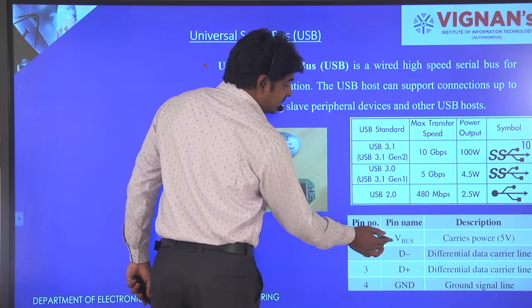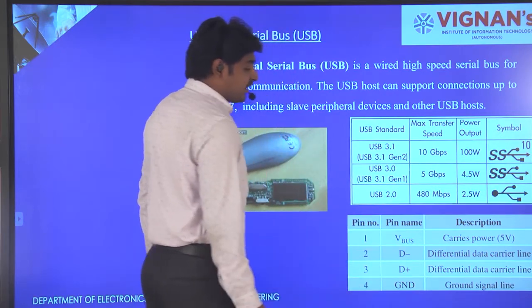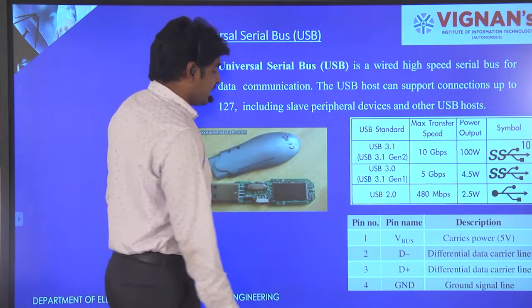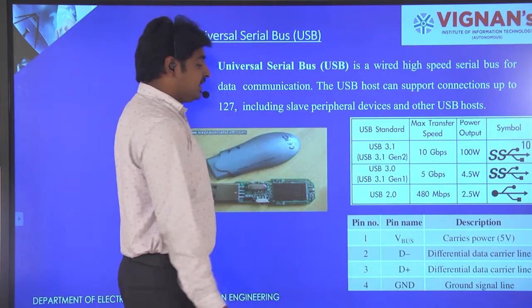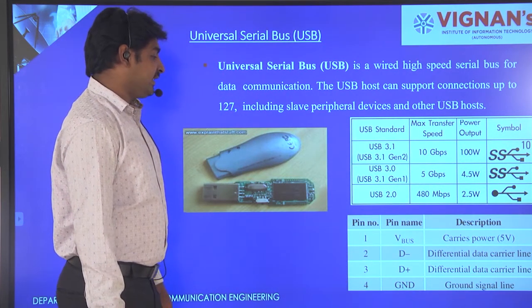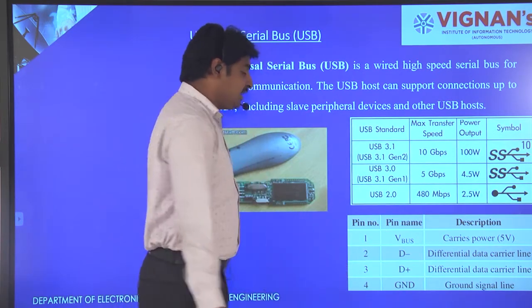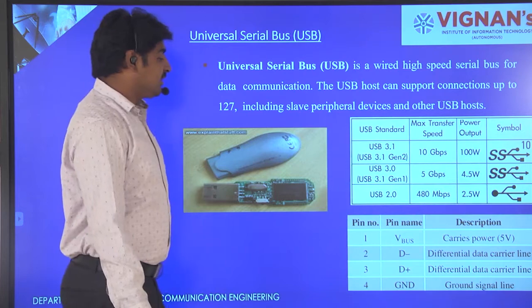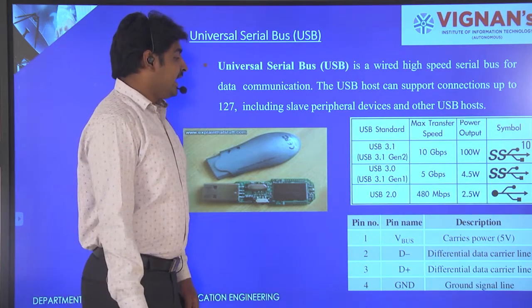One is VBUS, which carries power. The second pin is D minus, which is a differential data carrier line. The third pin is D plus, which is also a differential data carrier line, and the fourth pin is ground. So these are the 4 pins present in the type A and type B connectors.